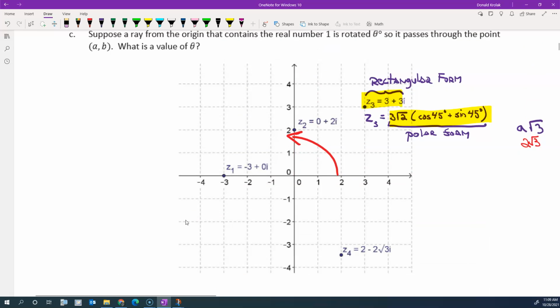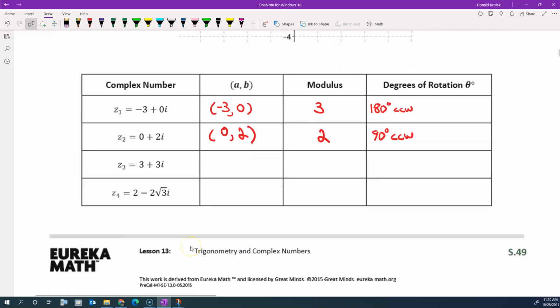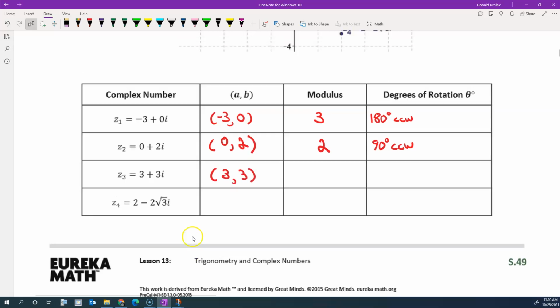Okay. All right. Then we got Z3. So that's 3, 3. Okay, so we'd represent this using a 3 and a 3.